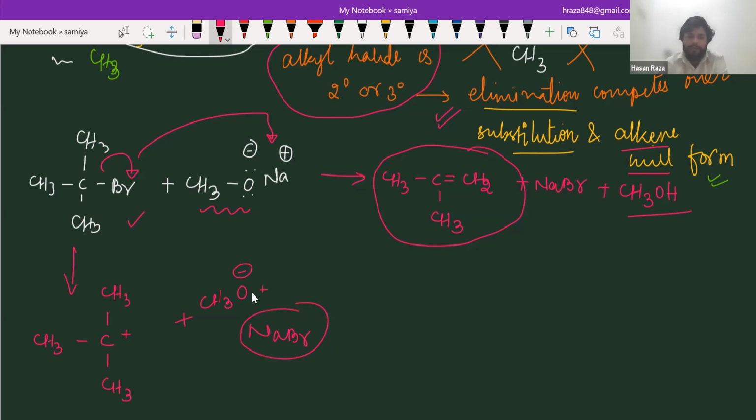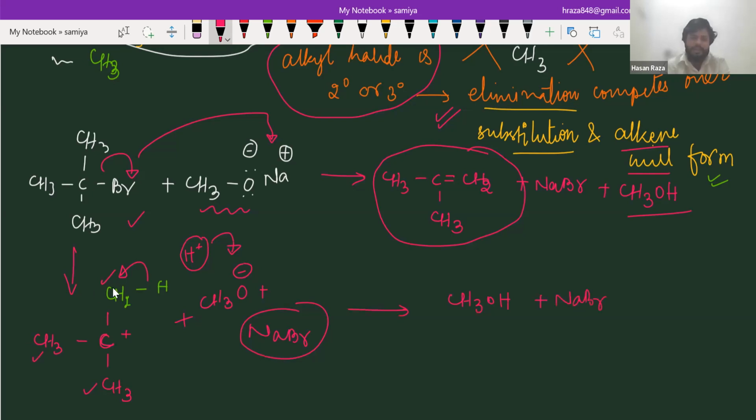Okay. Now what happened? In order to satisfy itself, what will the carbocation do? You can see this is hydrogen. So basically this carbon, whichever is directly connected to this carbon, will take one electron from hydrogen, and hydrogen will be eliminated as H plus, and this H plus will come with this, and then CH3OH, that means methanol, and NaBr is already formed.